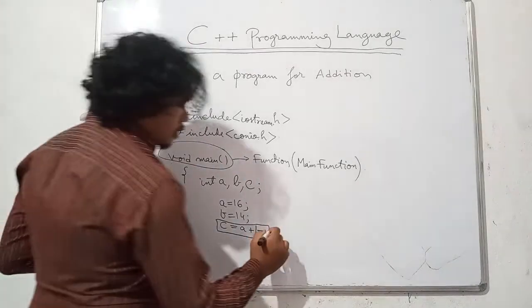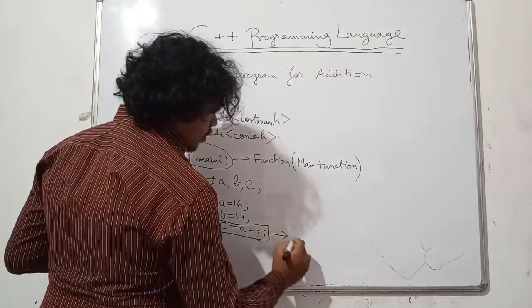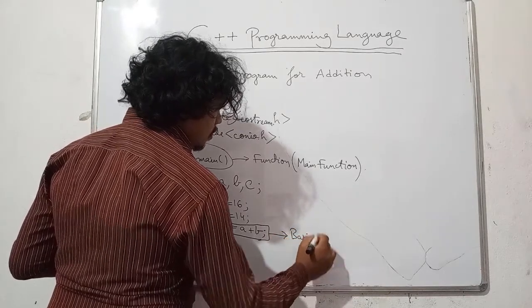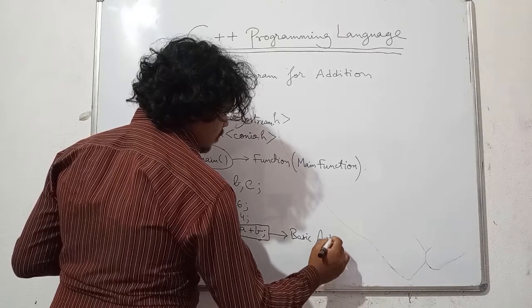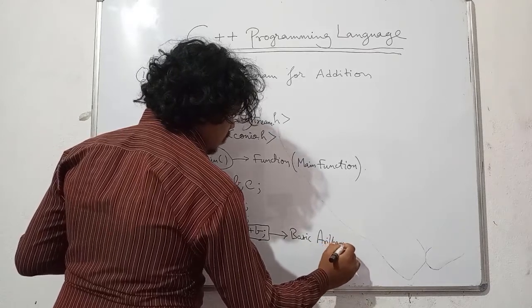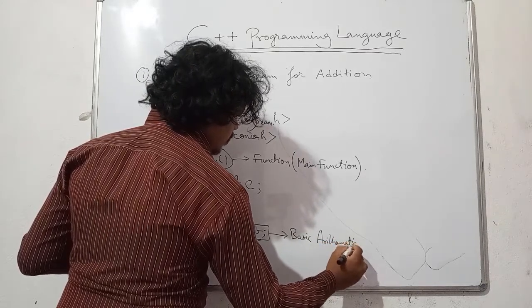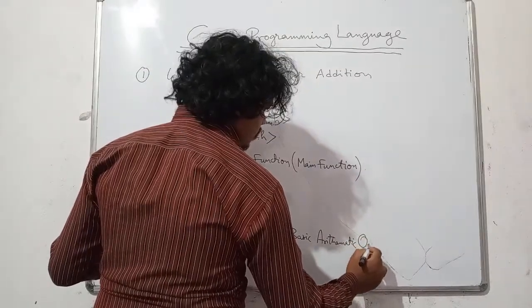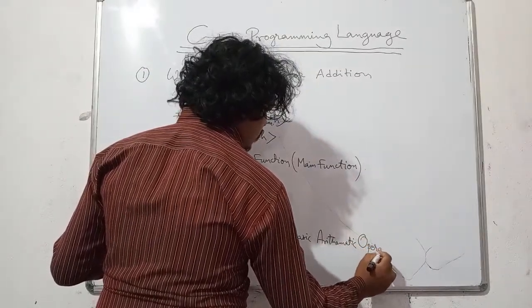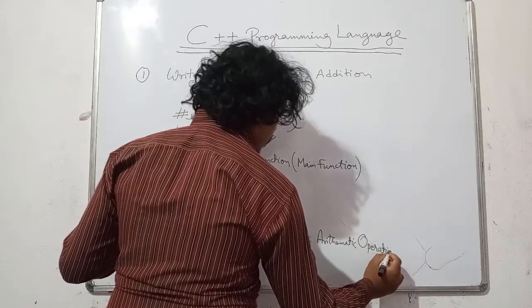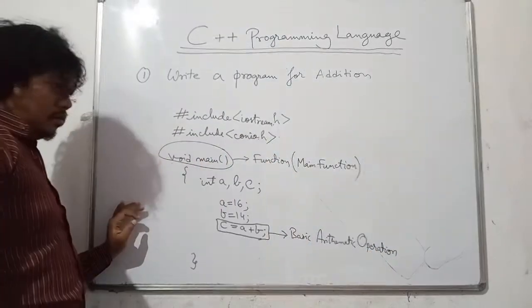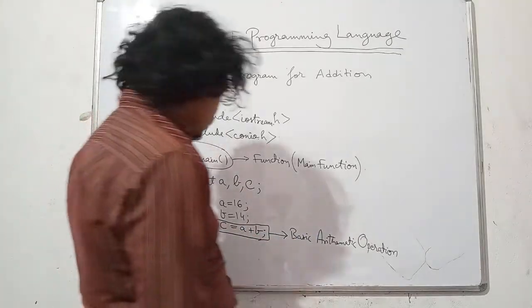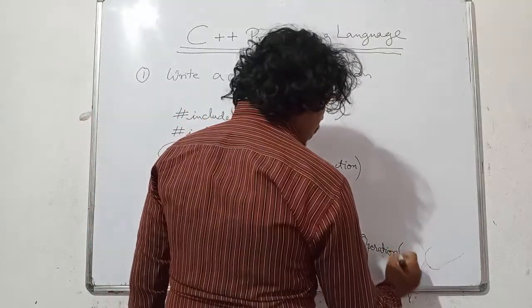So this is basic arithmetic operation. And which type of basic arithmetic operation it is? It is addition.